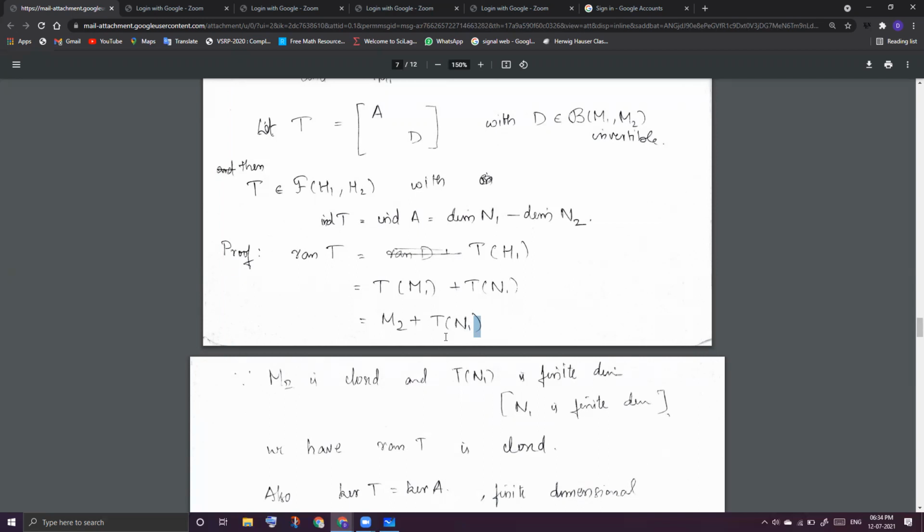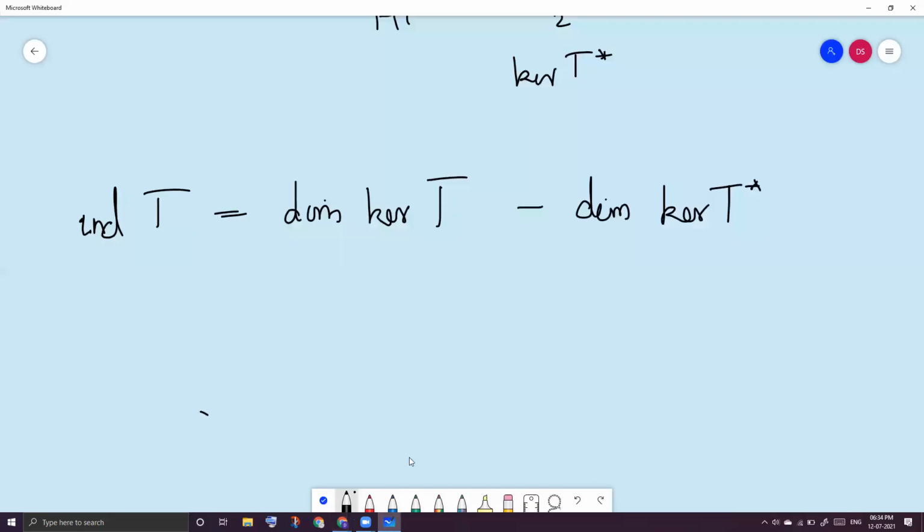Should I prove that here, or is that clear? Maybe I'll prove it. So what I'm saying is M2 is a closed subspace, and T of N1 is a finite dimensional subspace.